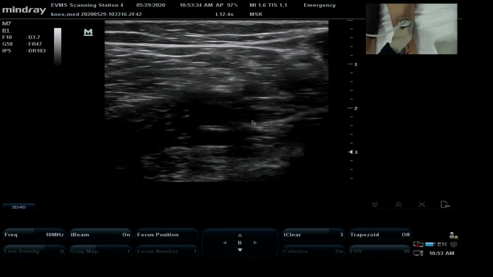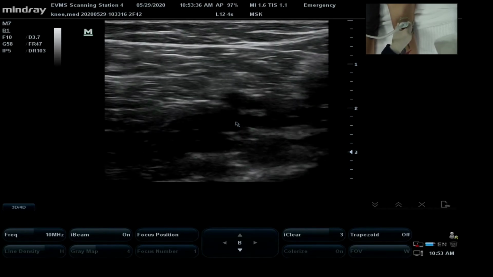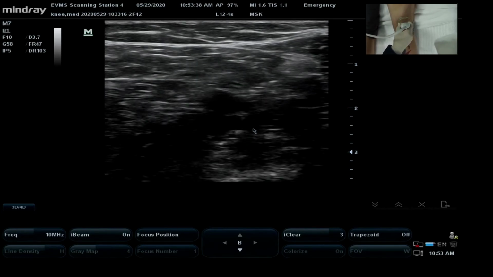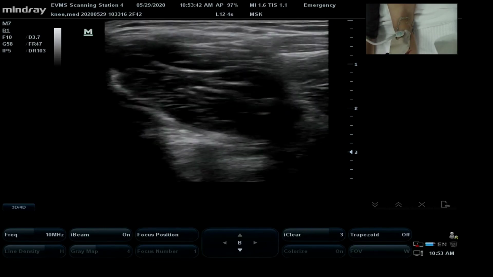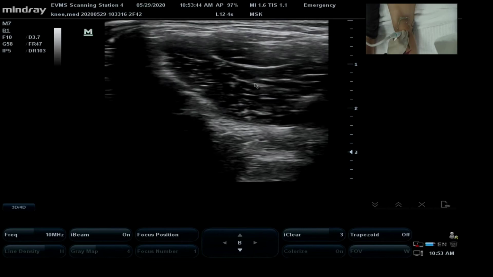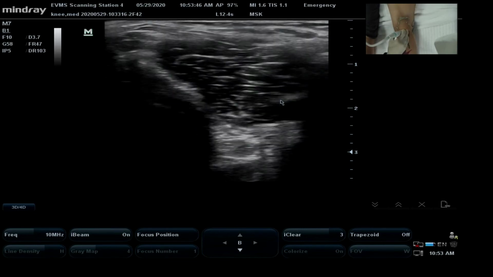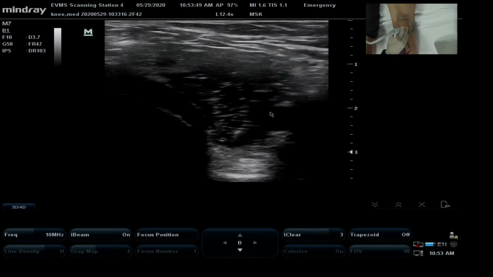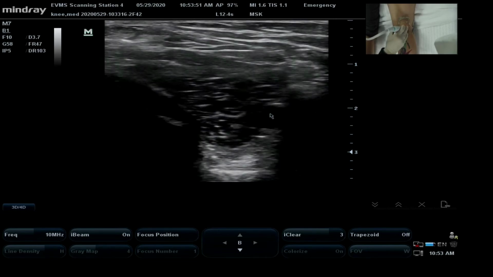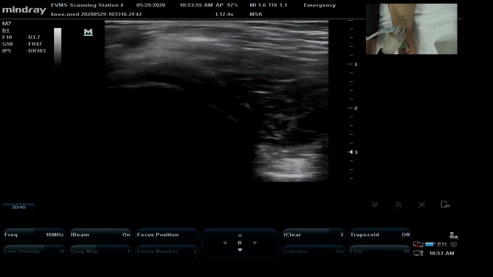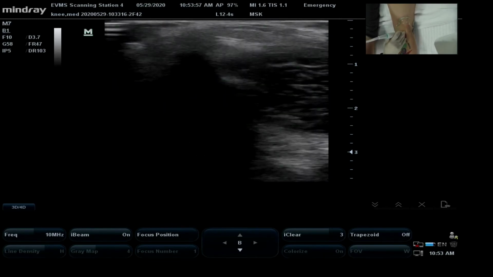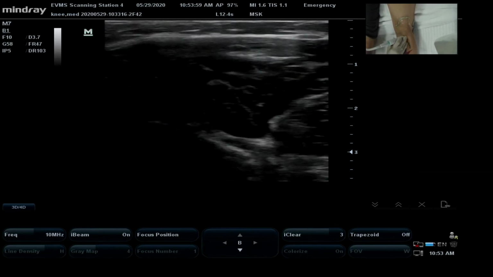So what about finding whether or not a bursa is interfering? You would need to come medial, and what I like to do is to find the medial head of the gastrocnemius, and then I like to start moving more proximal until I begin to see, there we go, let me go back in here.